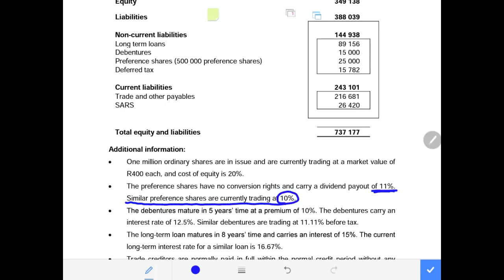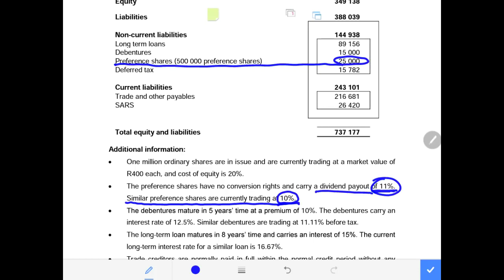So now we have to say how much the market preference share capital can be if the dividends are paid at 10%. That's more of responding to that question, because we know that if the preference shareholders are paid at 11%, our preference stated capital is 25 million.